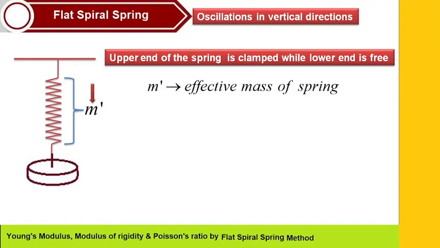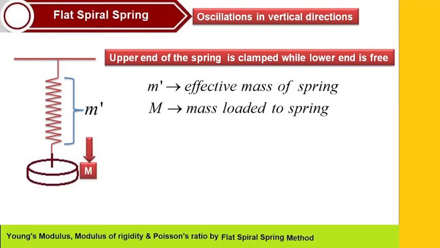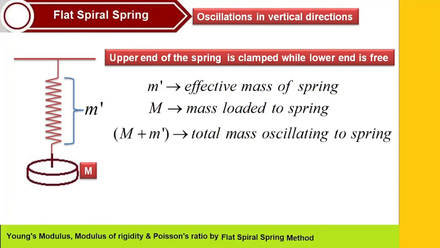The upper end of the spring is clamped while the lower end is free, and small m dash is the effective mass of the spring, which is shown in the diagram. Capital M is a mass loaded to the spring for the oscillation purpose. Capital M plus small m dash is the total mass oscillating on the spring.